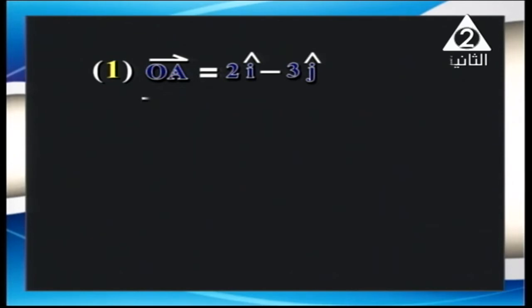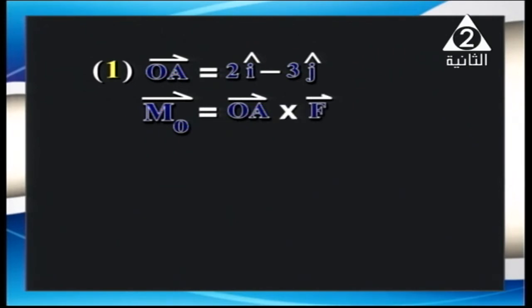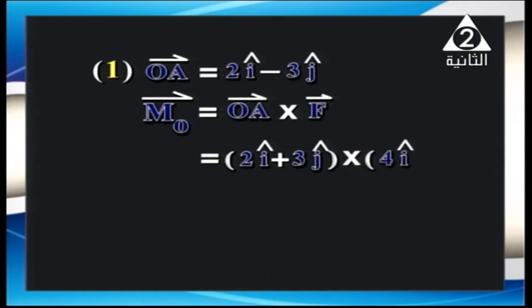Number 1, we find the vector OA, which equals A minus O, or 2i plus 3j. Moment about O equals OA vector cross F vector. My dear student, OA vector 2i plus 3j cross F vector 4i minus 3j.